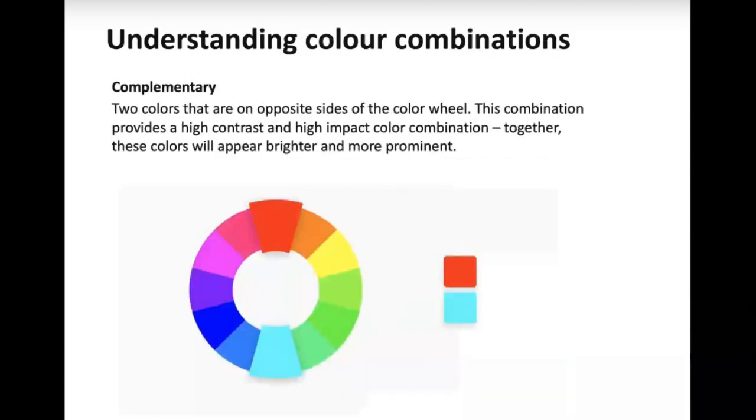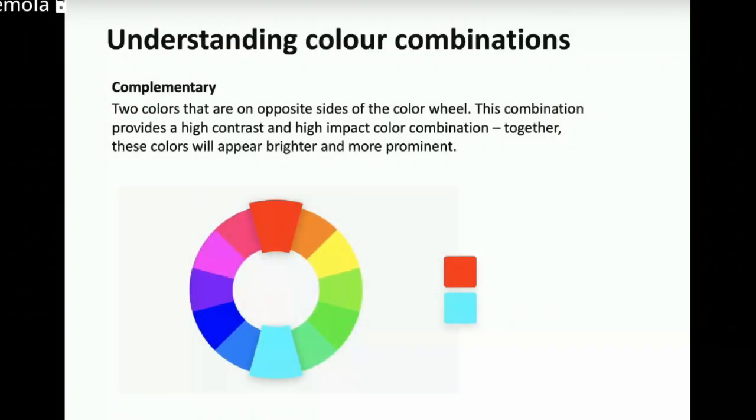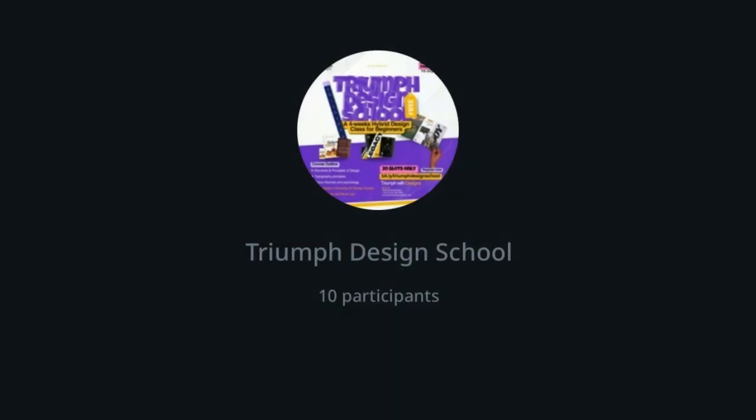Now, moving on is to understand how to make use of the color wheel when you want to pick colors for your project. One of the ways you can combine colors when designing is to look at the color wheel and find two colors that are opposite each other. As you have on the screen, this is red and this is another color.